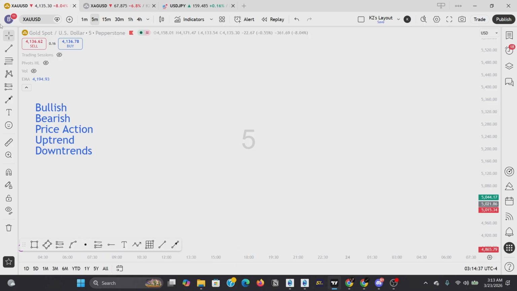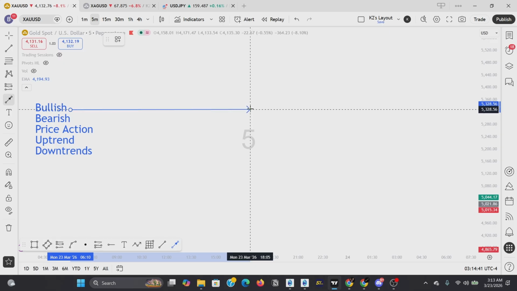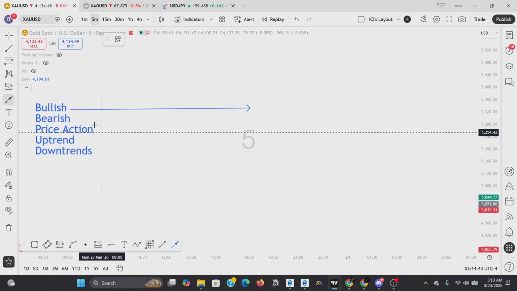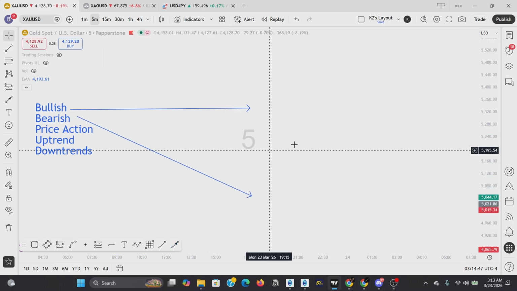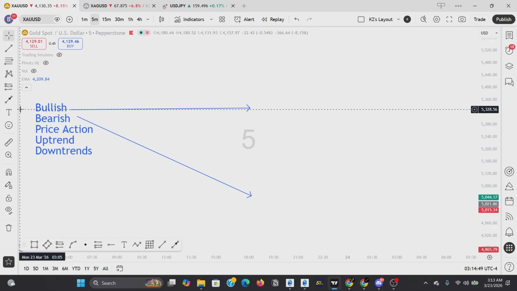Next, which ties into price action, bullish and bearish. So you could say bull, bear, bullish, bearish, it's the same thing.